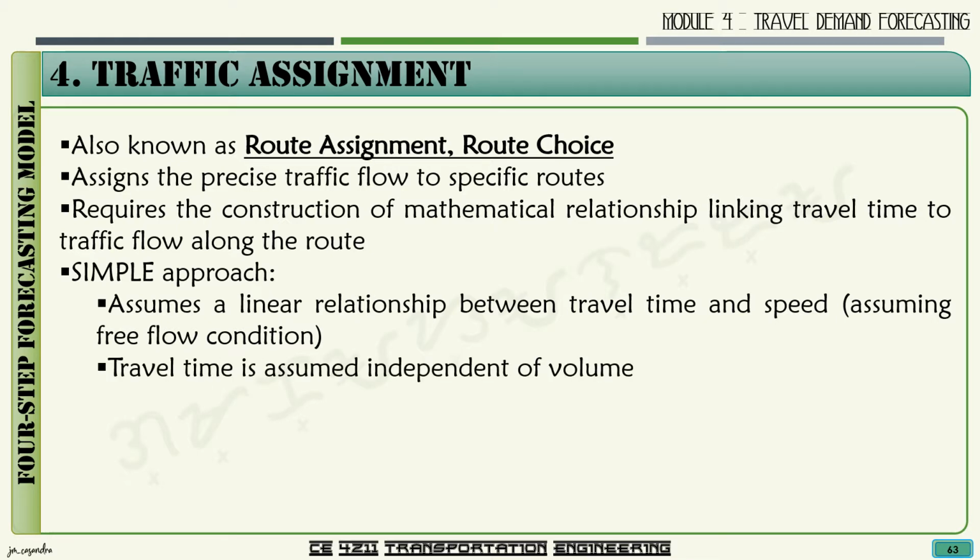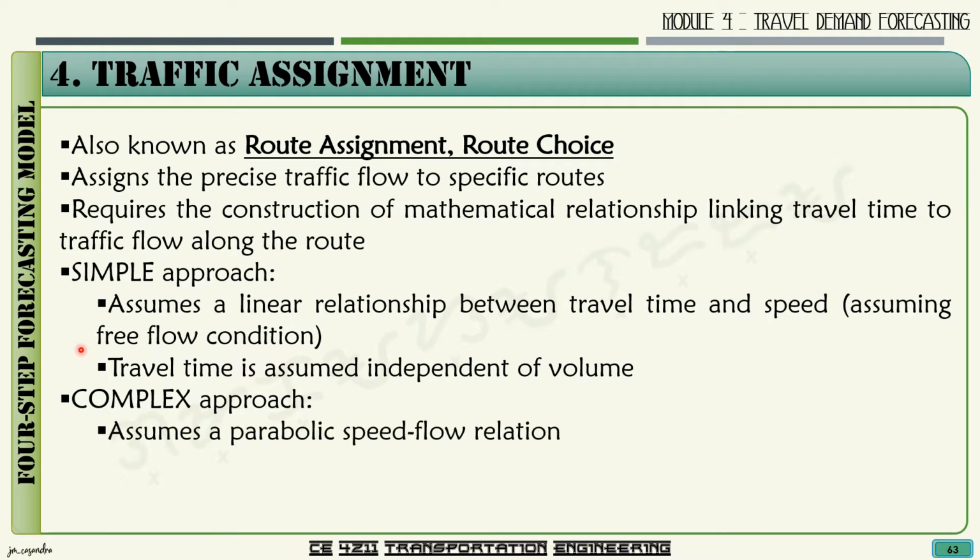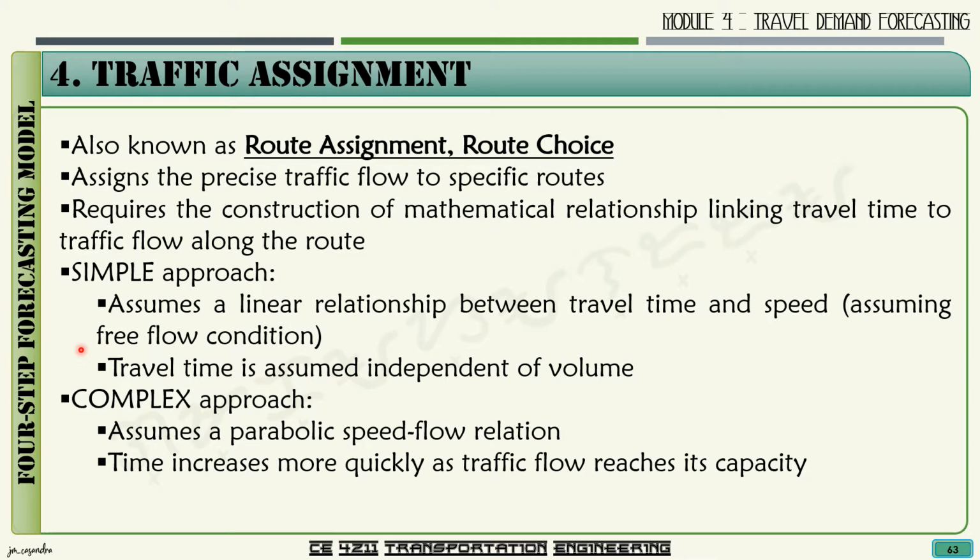The travel time is assumed as independent of our volume, while a complex approach of the traffic assignment would assume a parabolic speed-flow relationship. So the time would increase more quickly as traffic flow reaches its capacity, and the travel time would be dependent on the volume. Basically, the complex approach is more realistic compared to our simple approach.